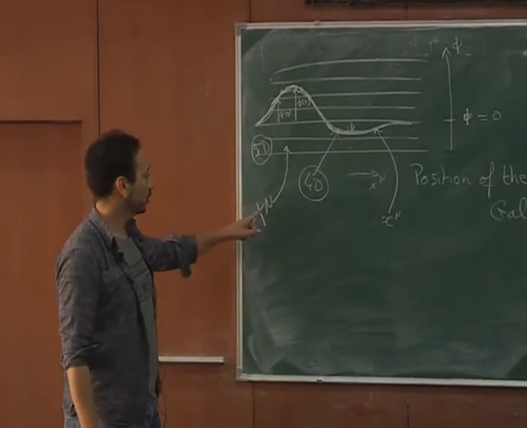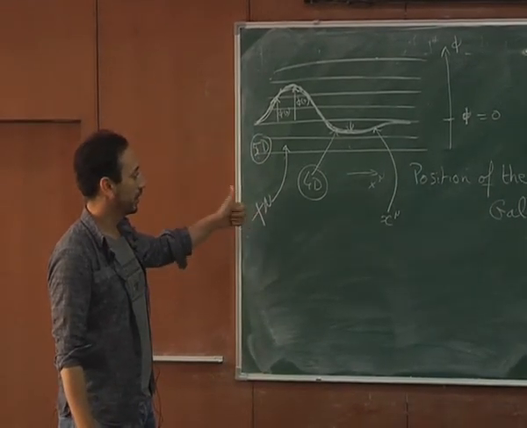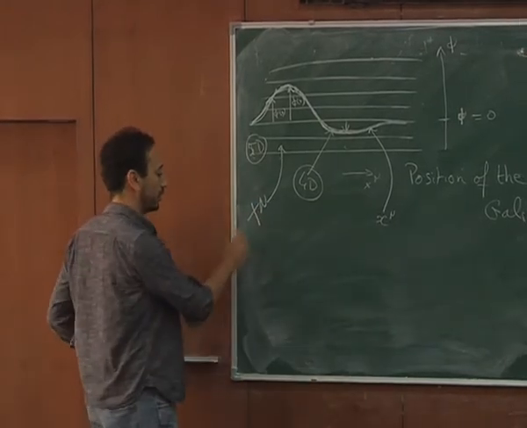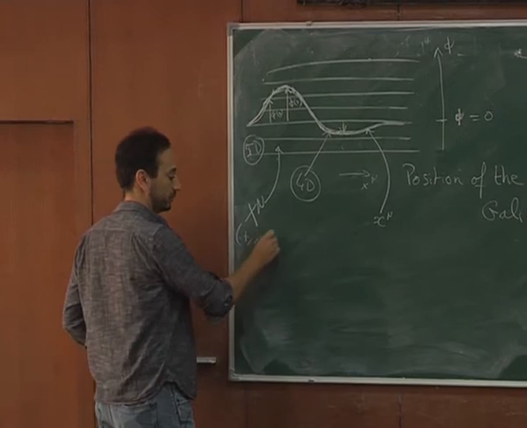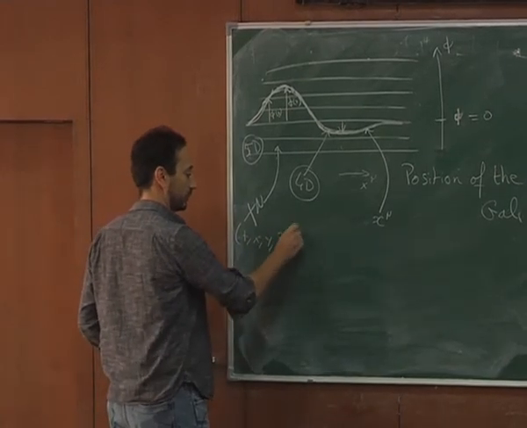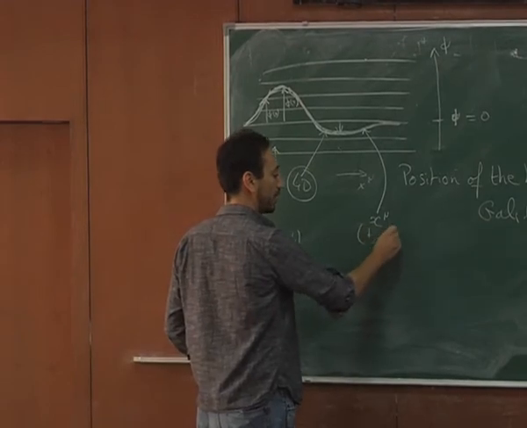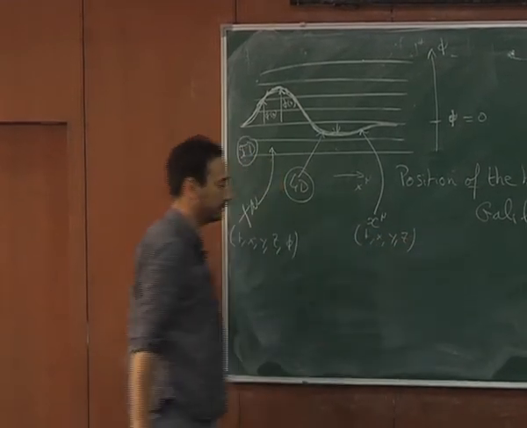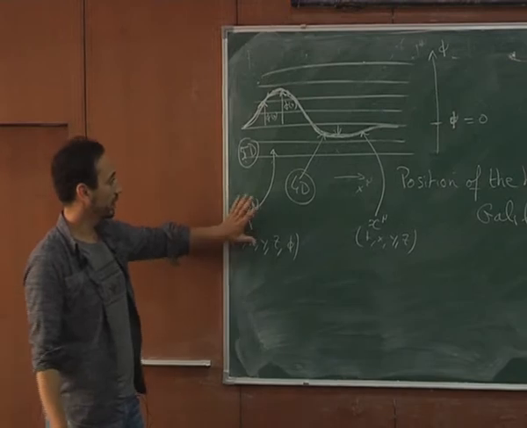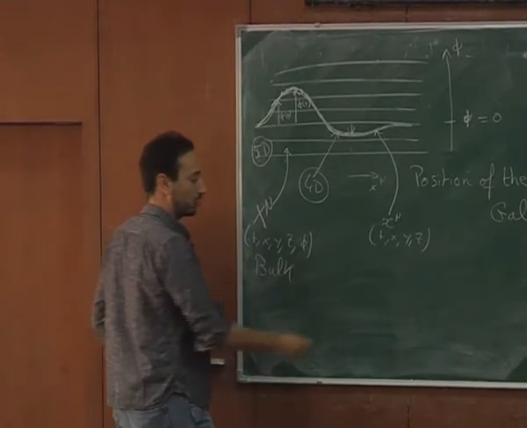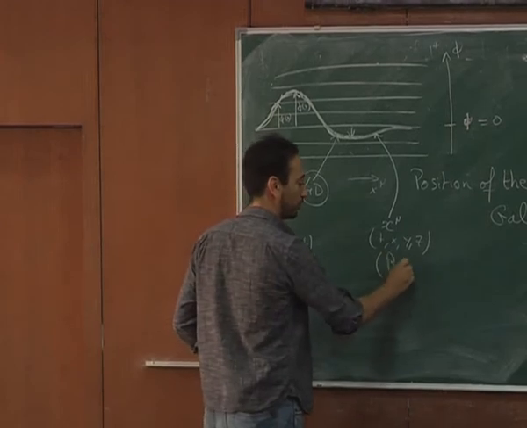So these coordinates are going to be t, x, y, z, and phi, for example. These are the coordinates here, and this one has coordinates t, x, y, and z. So these are the coordinates of what is called the bulk, and this one is the coordinate of what is called the brane.